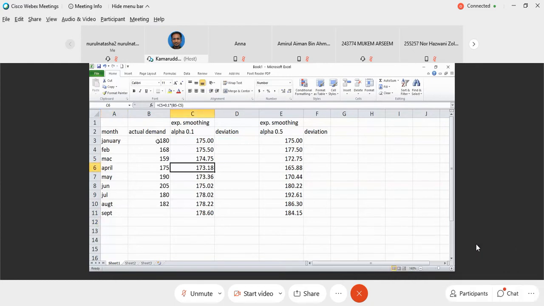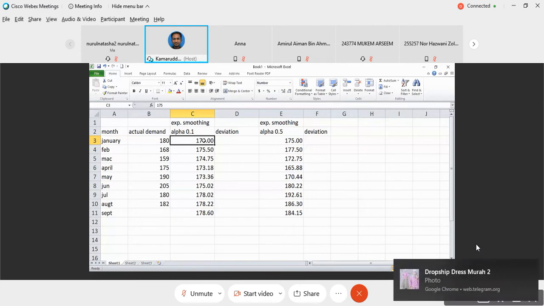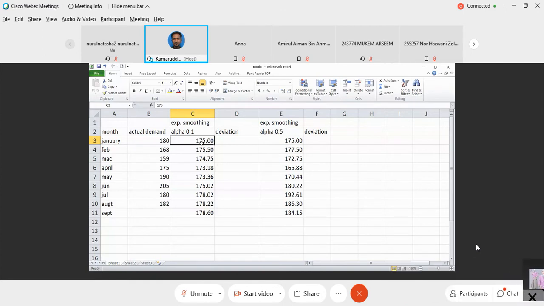Let's say we need to forecast the demand in February. For the first step, we need to know the forecast for the month of January. To start the exponential smoothing, sometimes we don't have any information about the forecast.